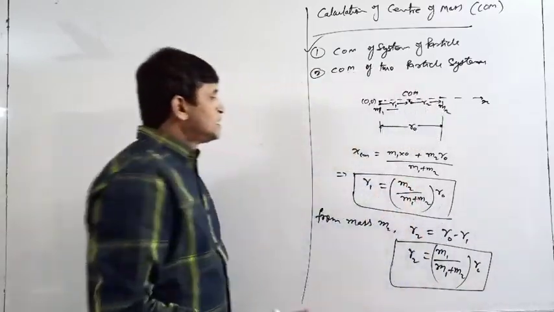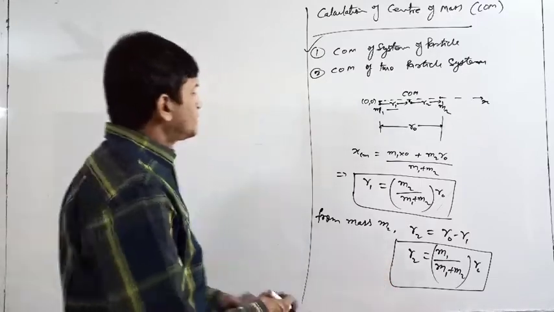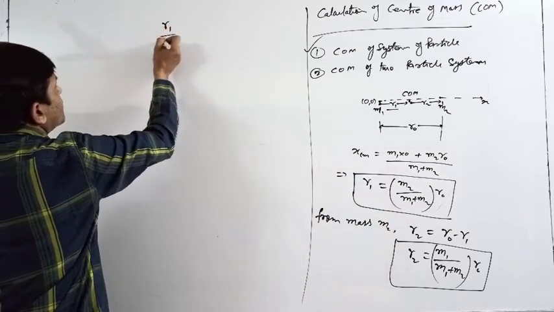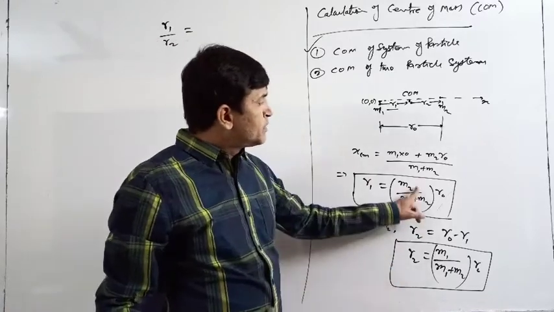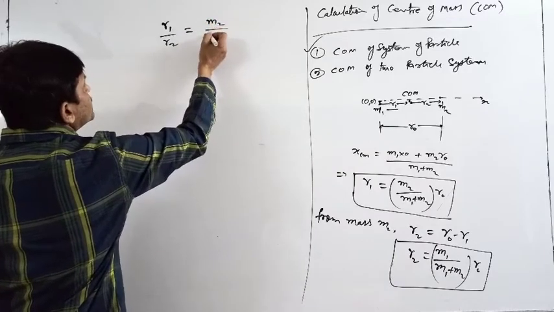Okay, so this is the relation. Now if I look here, R1 by R2 you will get as M2 by M1.